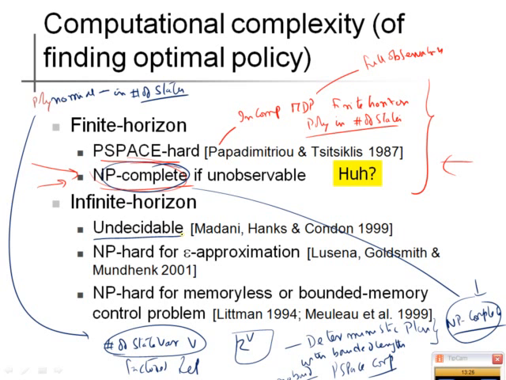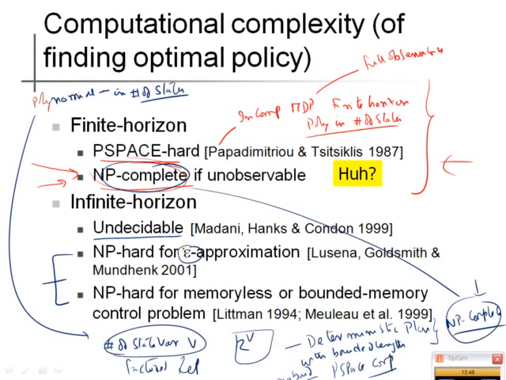However, there are interesting approximation results, which we'll not go into, but just to give you a feel for how hard things have gotten: if you are looking for a policy within epsilon of the optimal policy, that part is NP-hard.